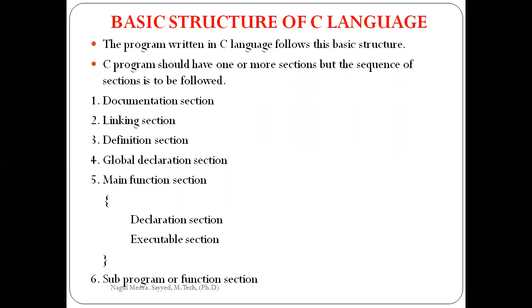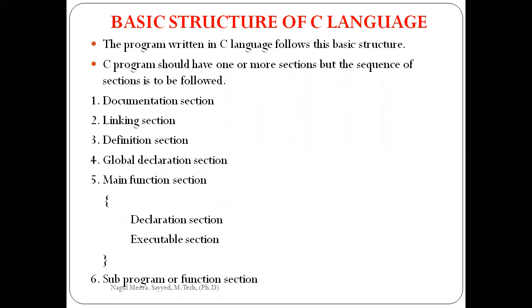What is the main objective of the linking section? In this linking section we define some header files, like hash include stdio.h. Then coming to our second main part, that is the main function. Without main function that is not a C program. If we want to create a C program, we must use this main function.